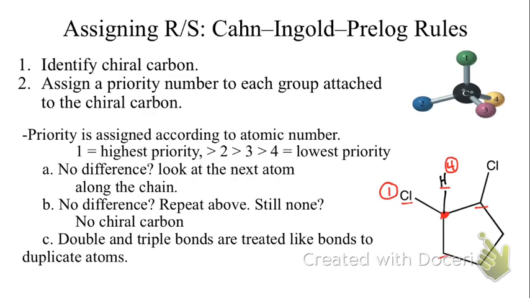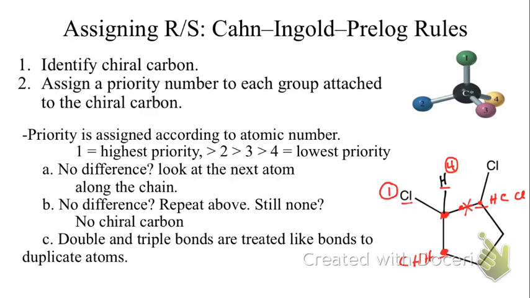So let's go back and evaluate between these. We've got carbon and carbon, so no real difference there, so we look at the things attached to that carbon. We've got hydrogen, whoops, I can't count, there's only one hydrogen, and we won't count our previous carbon. So we've got hydrogen, carbon, and chlorine. Looking at our other carbon, we've got hydrogen, hydrogen, and carbon.